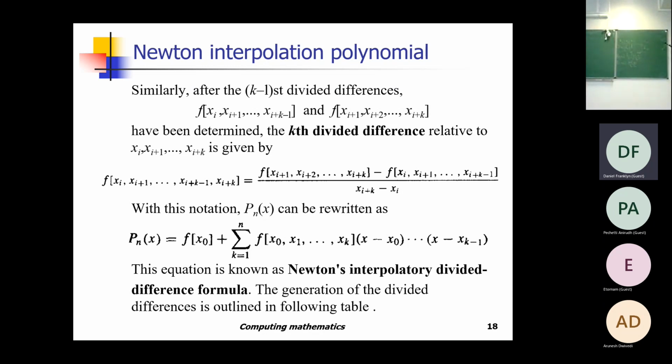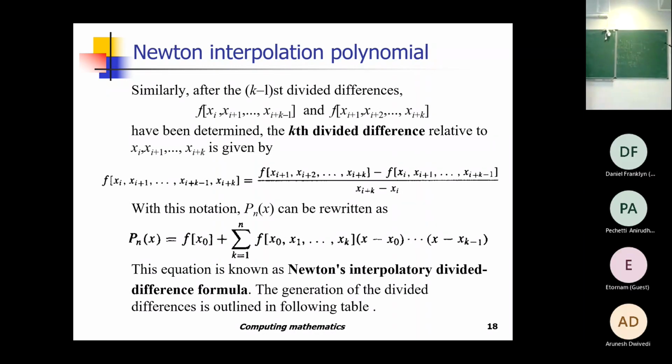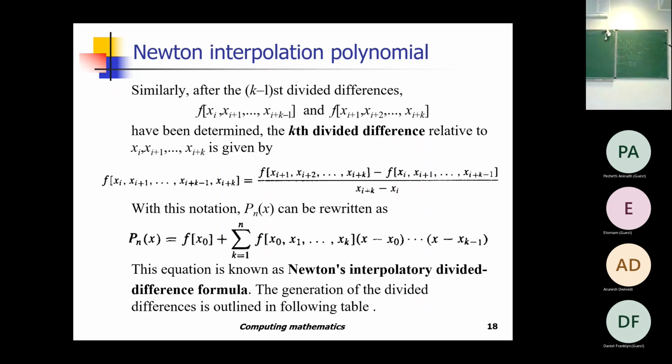For example, the polynomial of degree 1 will be f of x0 plus f of x0, x1 times (x minus x0). This is a polynomial of degree 1.